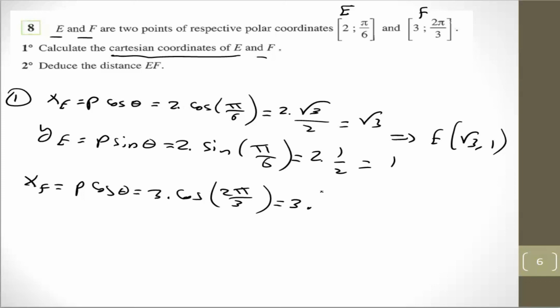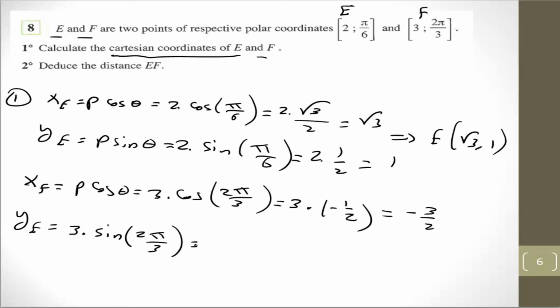So cosine 2 pi over 3 equals minus half, so 3 times minus half equals minus 3 over 2, and y_F equals 3 times sine 2 pi over 3, which is 3 times radical 3 over 2, so it equals 3 radical 3 over 2.